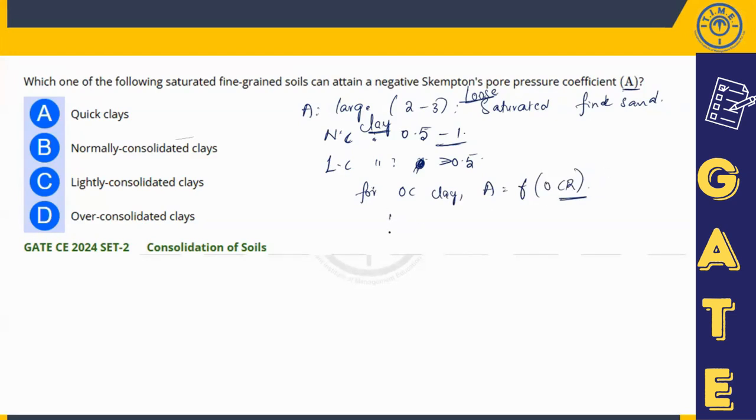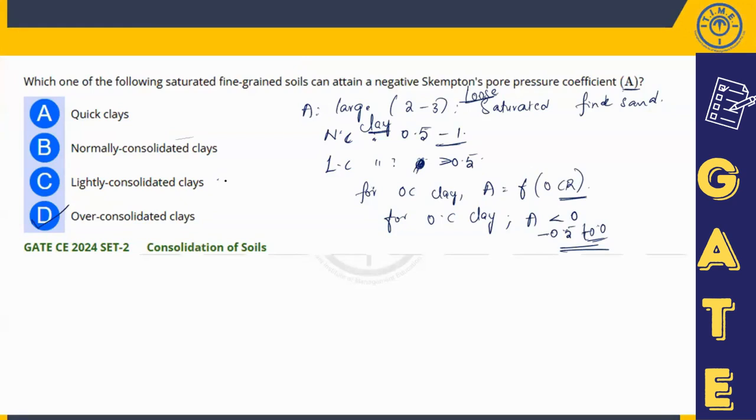For over consolidated clay we have pore pressure coefficient less than 0, which will be like minus 0.5 up to 0, not less than minus 0.5. So a slightly negative value we will be getting for Skempton pore pressure coefficient in case of over consolidated clay. I am writing the values for everything.